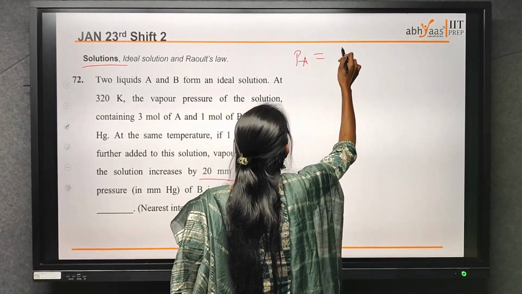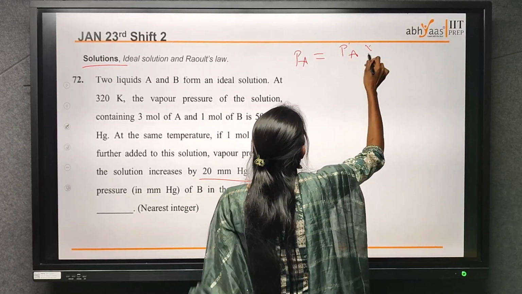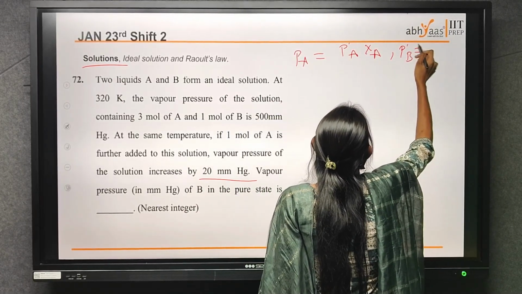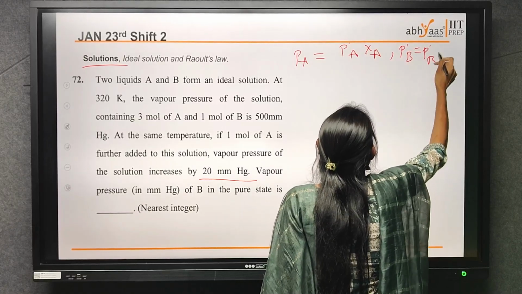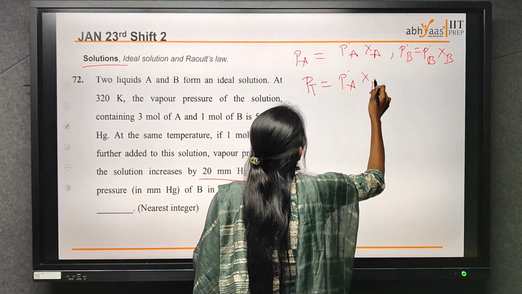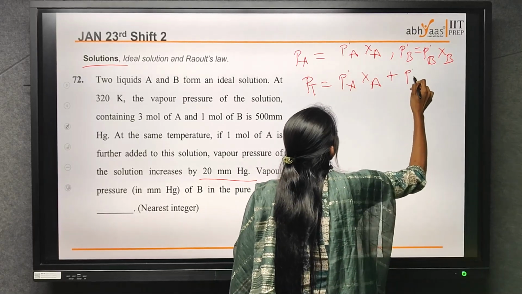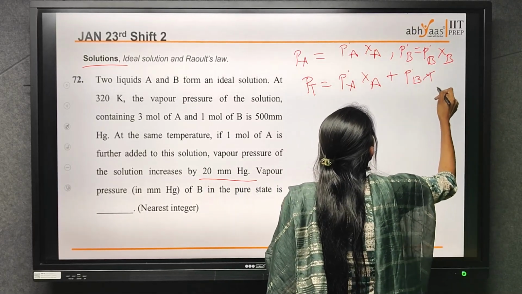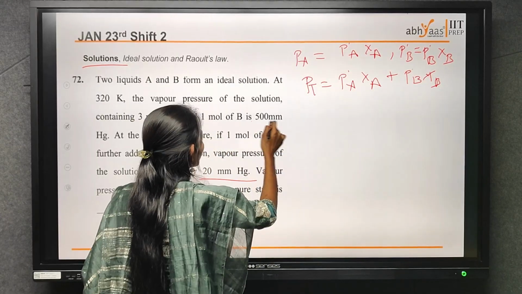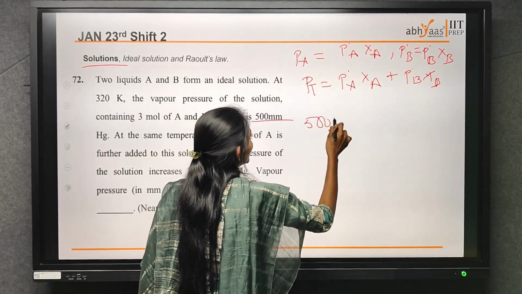P is equals to P naught A mole fraction of A. Then Pb is equals to P naught B into mole fraction B. So P total is P naught A mole fraction A plus P naught B mole fraction B, right? If you apply the value of P total, they have given that 500, right?